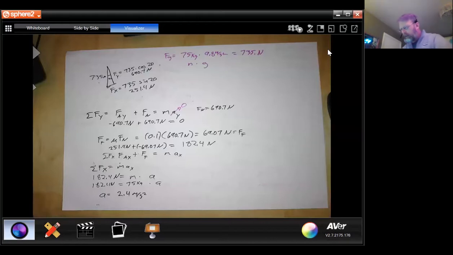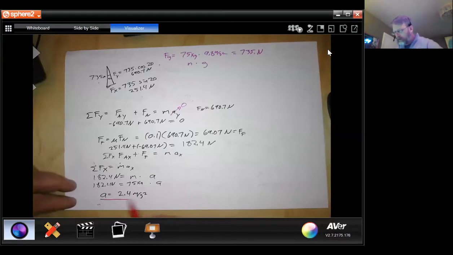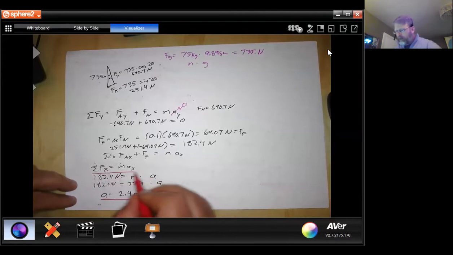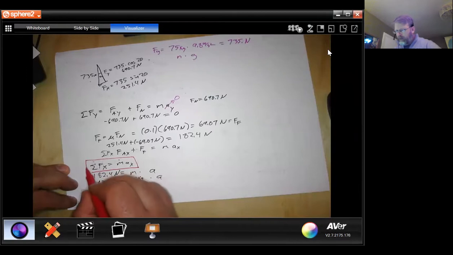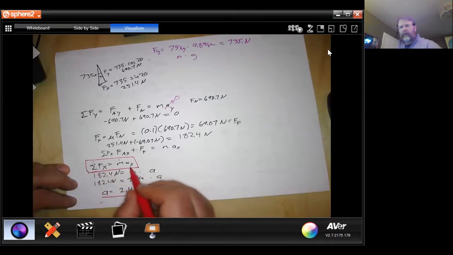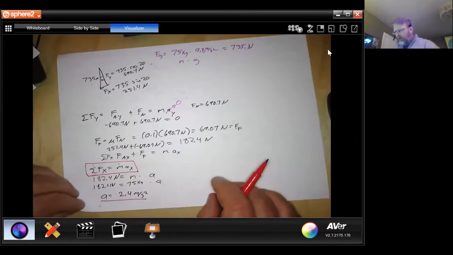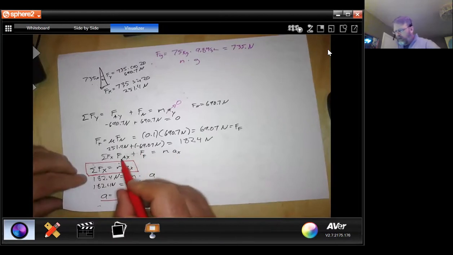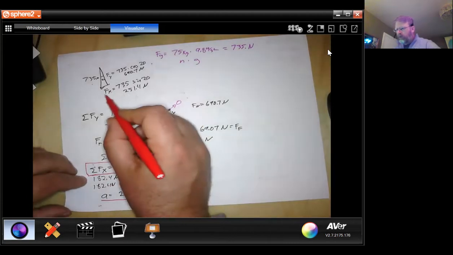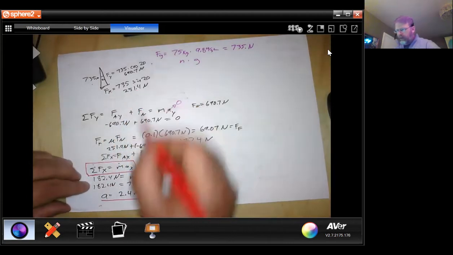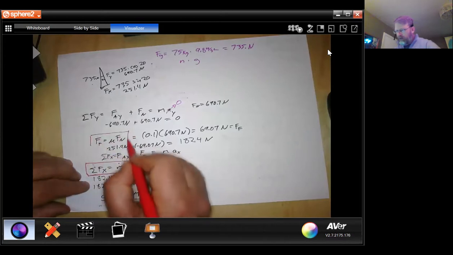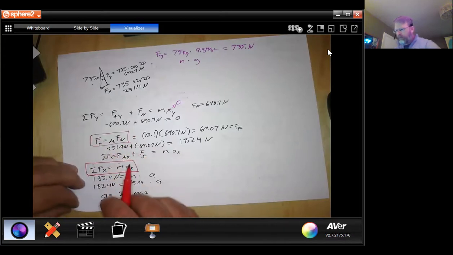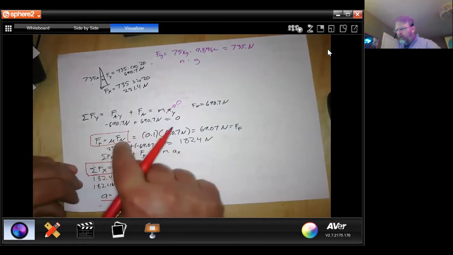So again, let's think about how we do this. We wanted to find our acceleration. We knew due to Newton's second law, the sum of the forces in that direction equals ma. In order to find our two forces in that direction, we needed the force from the triangle and we needed the force due to friction. To find the force of friction, we needed to know force normal.